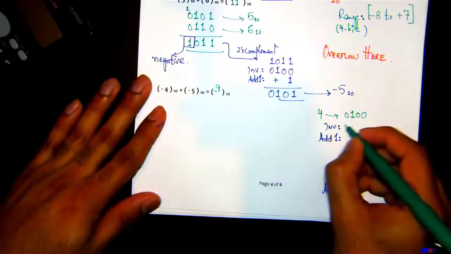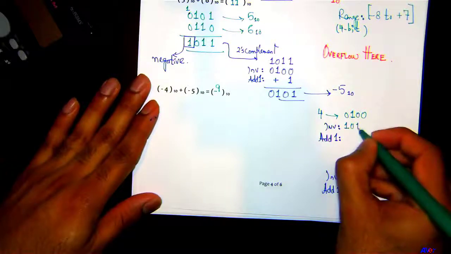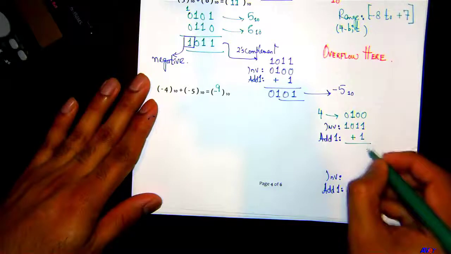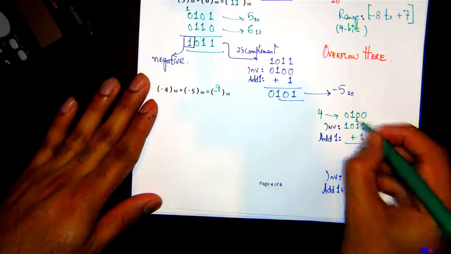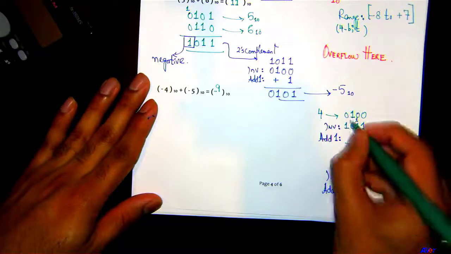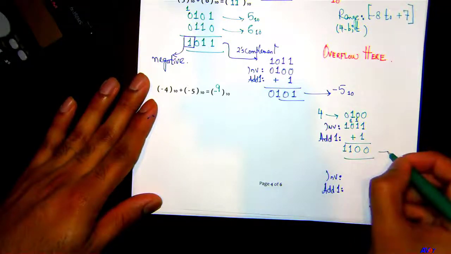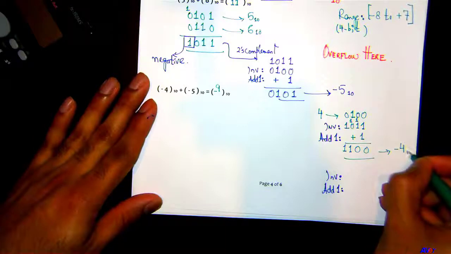So 1, 0, 1, 1, and adding 1: 1 plus 1 is 0, carry is 1. 1 plus 1 is 0, carry is 1. You get 1 and 1. Okay, this is negative 4.